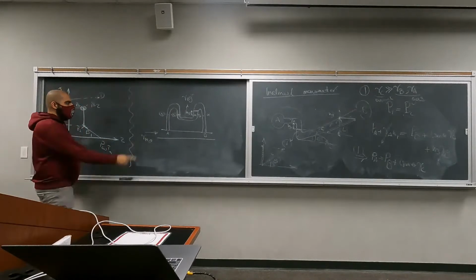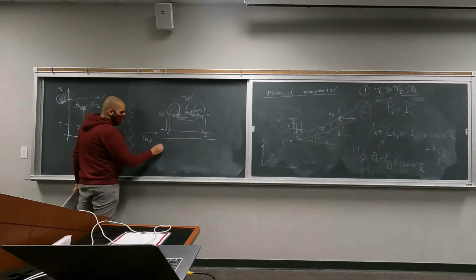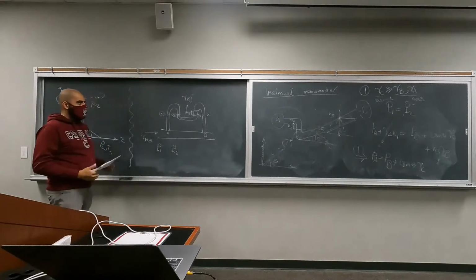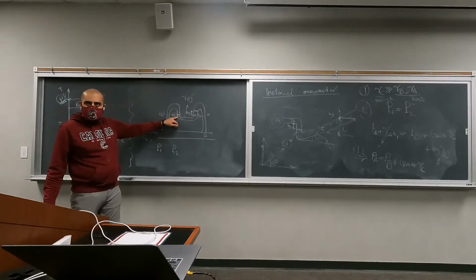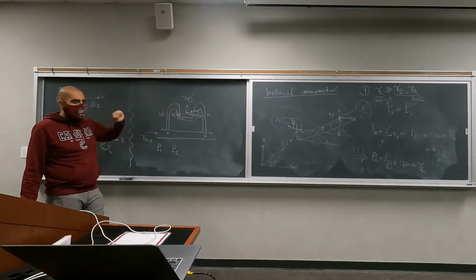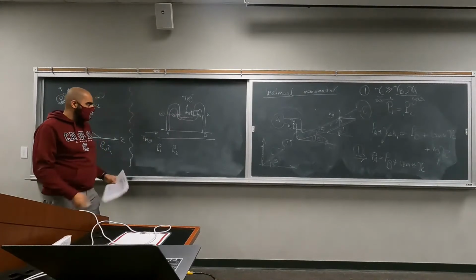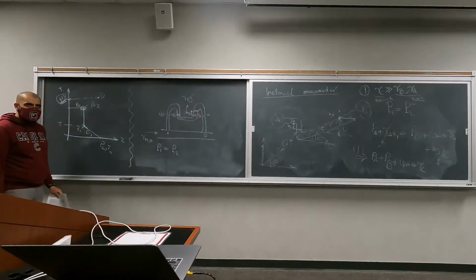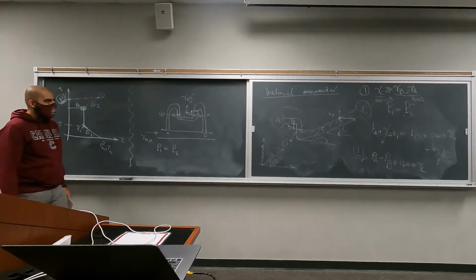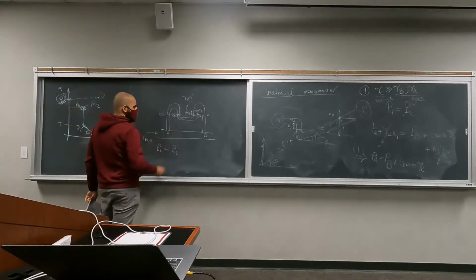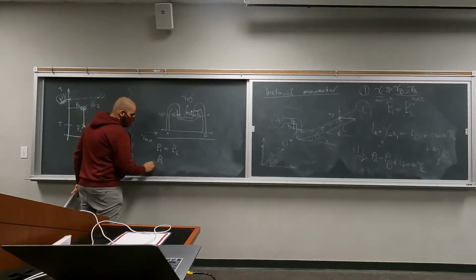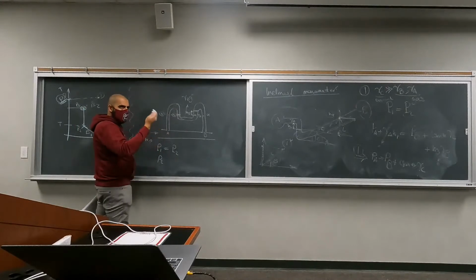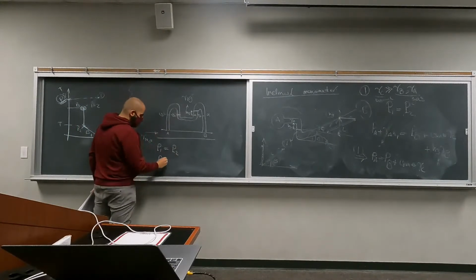So what can we say about pressure at point 1 and point 2? Point 2 is the interface of water and mercury. Point 1 is only water, but it has the same height. So the pressure at these two points has to be equal. What about pressure at point 2 and point 3? We have mercury here, this is the interface, and we only have mercury here.